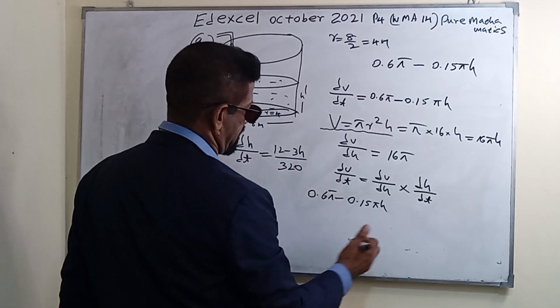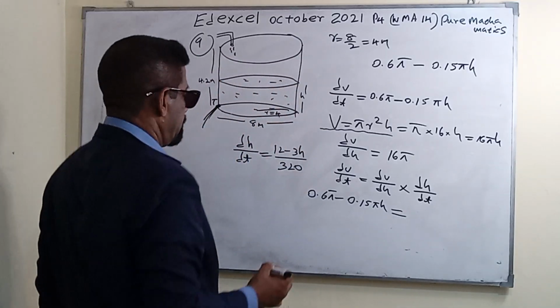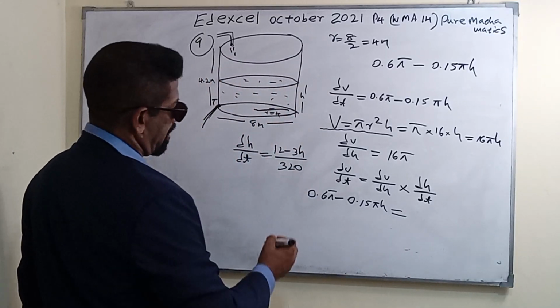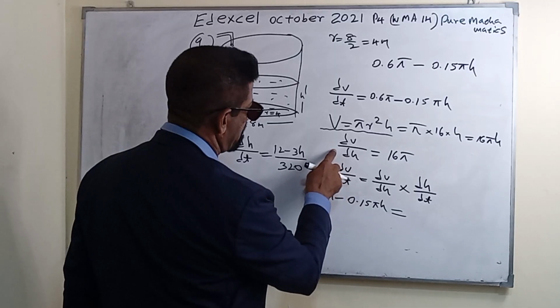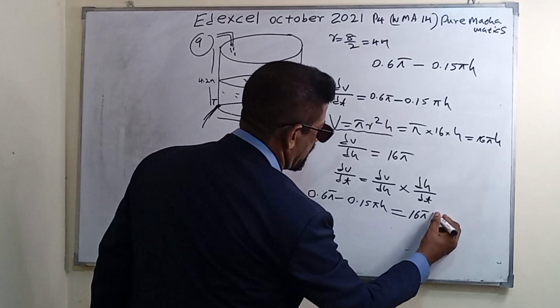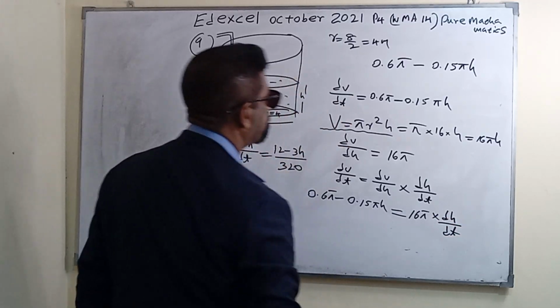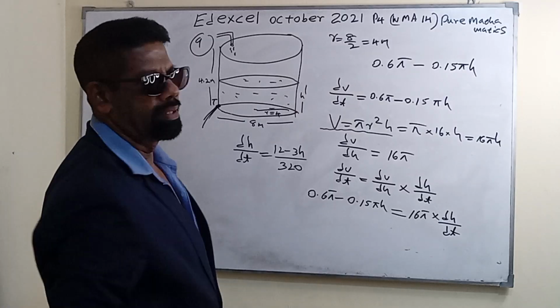This is dV/dt. And dV/dh is 16 pi, times dh/dt.